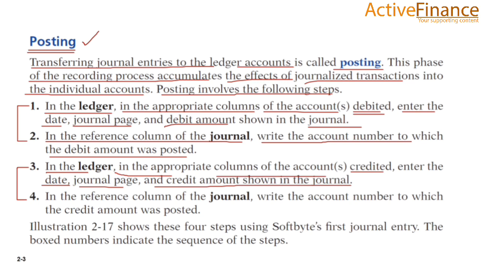We will provide this information in the reference column similarly as we did in the first two steps, and write the account number to which the credit amount was posted.